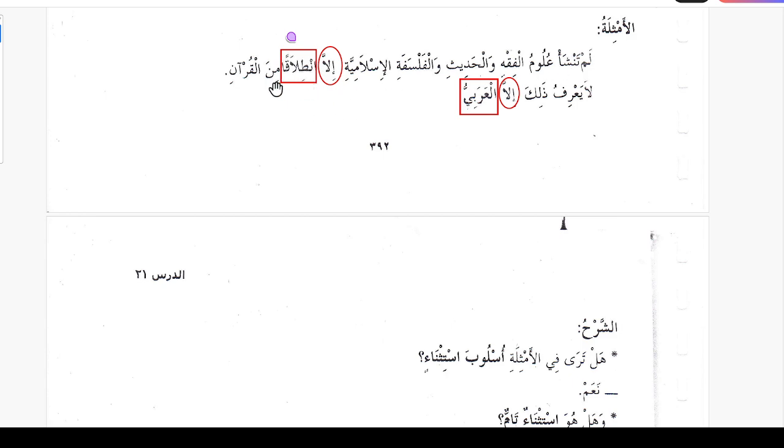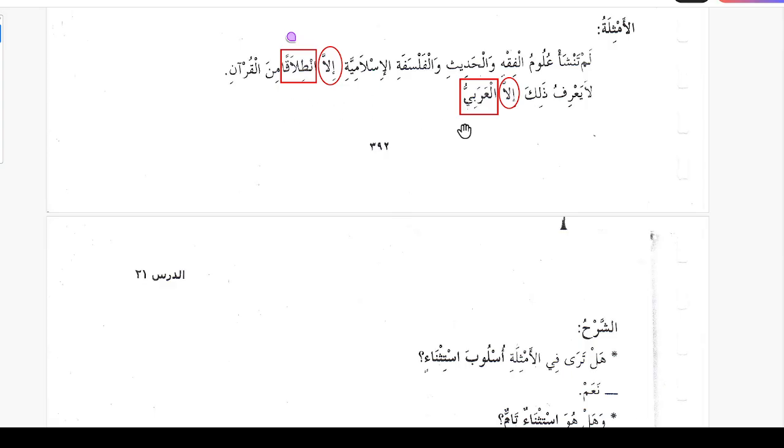So then the mustasna is going to be based on the i'rab in the sentence. Here this is coming as maf'ul mutlaq, so it is mansub. Here this is coming as a fa'il, so this is marfu'.